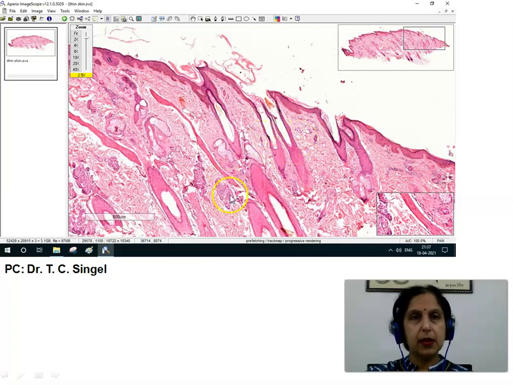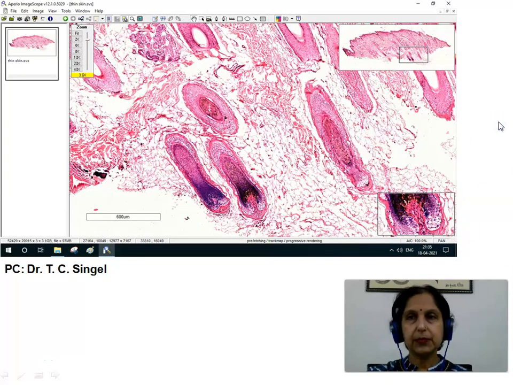Also appreciate the presence of the sebaceous glands and also the erector pili muscle, which is seen here in a higher magnification. Another higher magnification shows us the various components of the hair follicle clearly seen in this image.